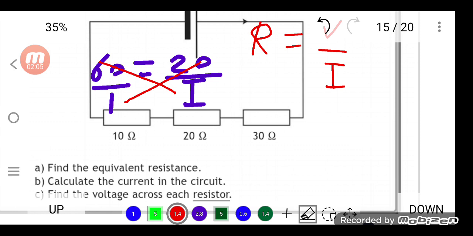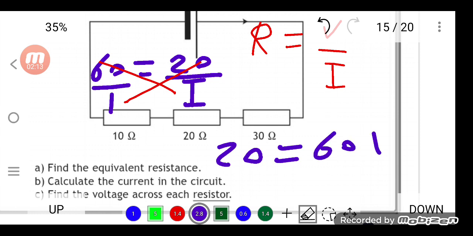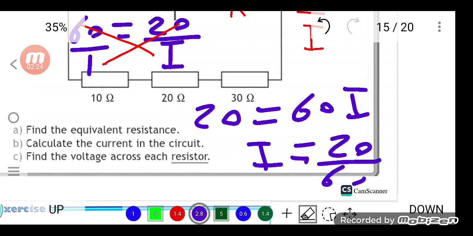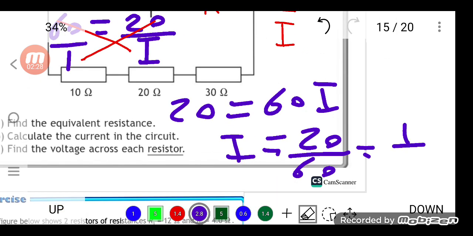So now we do 20 times 1 is 20, and 60 times I is 60I. Next, you can find I by division. I is equal to 20 divided by 60, and this is 1 over 3. So 1 over 3 amps, that's the current in the circuit.